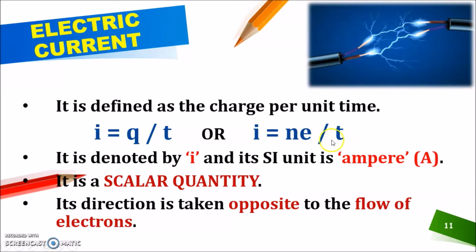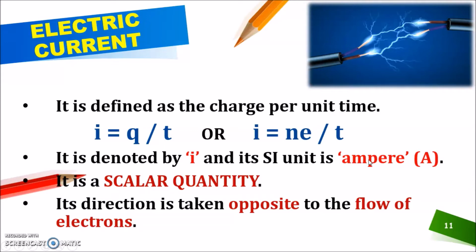Hope you understood this formula, NE by T, Q equal to NE. Electric current is denoted by I, and its SI unit is ampere, because Ampere discovered this electric current.